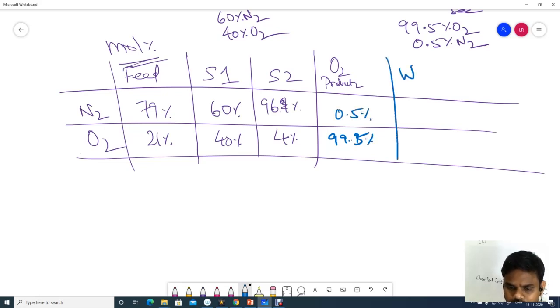And we have the W stream, which has 98% nitrogen and 2% oxygen. So these are the composition data we have. The question is, find S1.